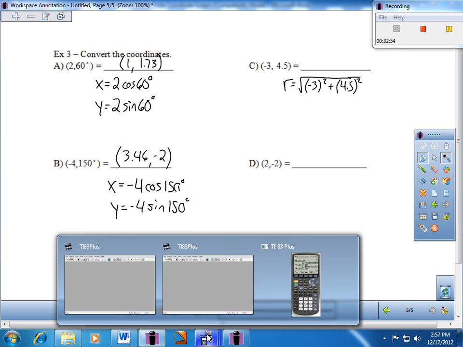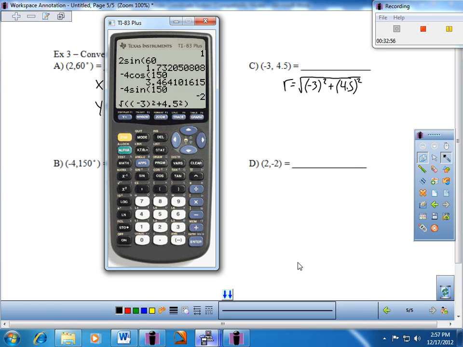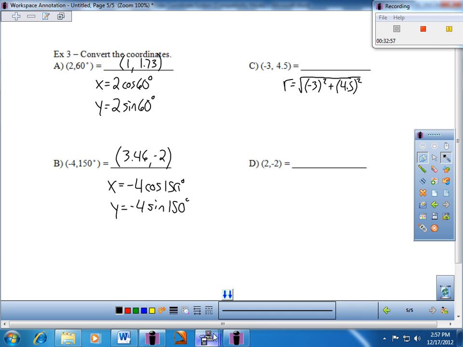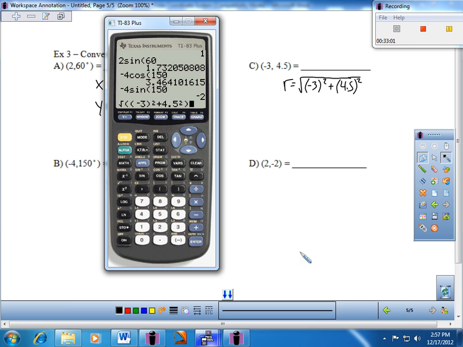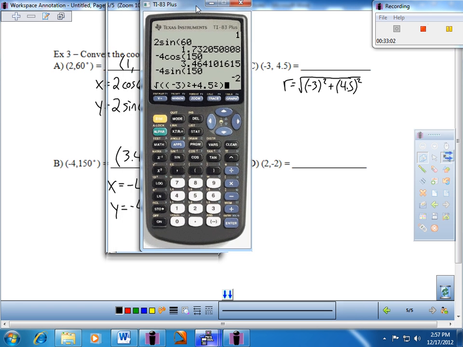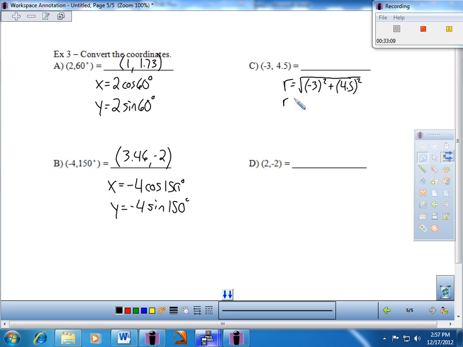Let's bring it back up. It doesn't want to get it from here. So let's bring that up a little bit. There it is. So R is about 5.41. That's what I get right there. So 5.41. Okay, so the first part of our ordered pair, everybody, is 5.41.